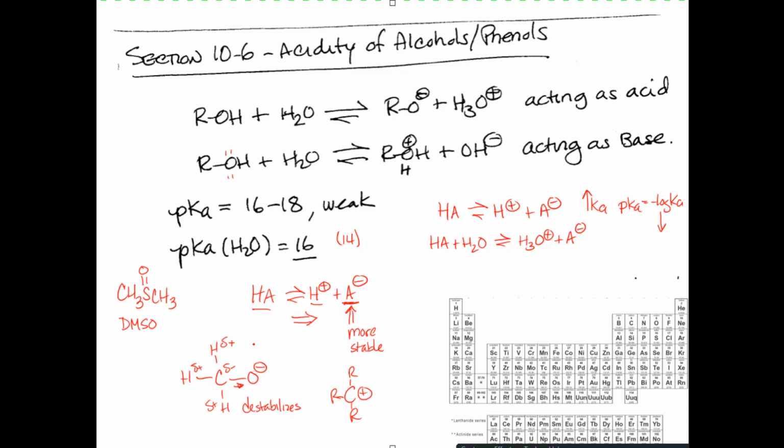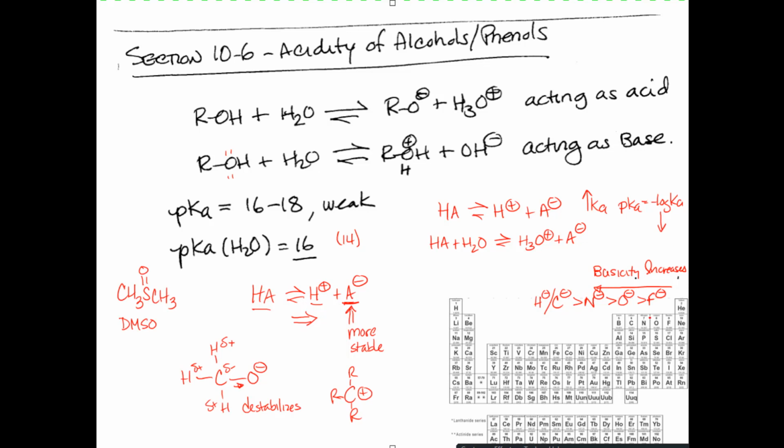Now, when we look at an O minus on the periodic table, remember that as we go from right to left, basicity increases. And so that means that a C minus, and at this point we're going to say an H minus and a C minus are comparable, are much stronger bases than an N minus, which is stronger than an O minus, which is stronger than an F minus.